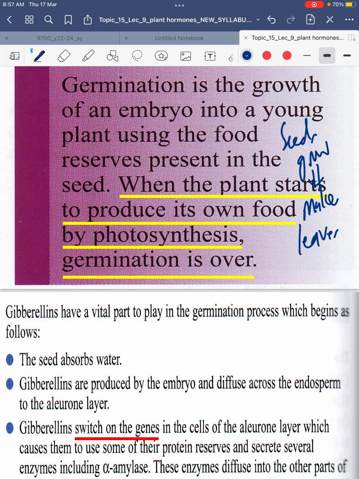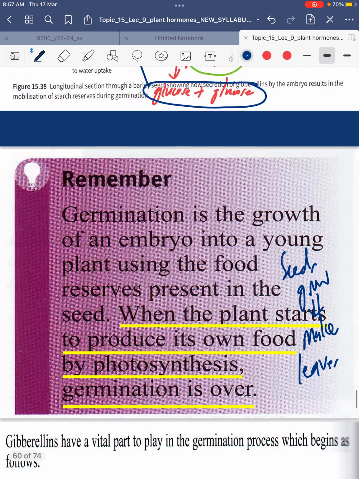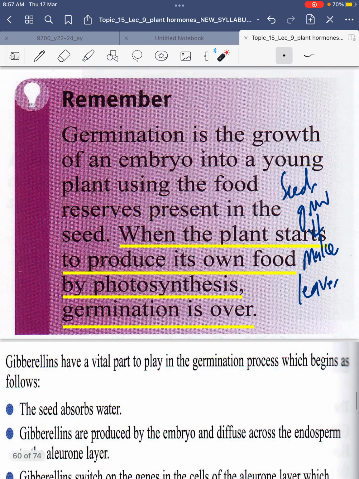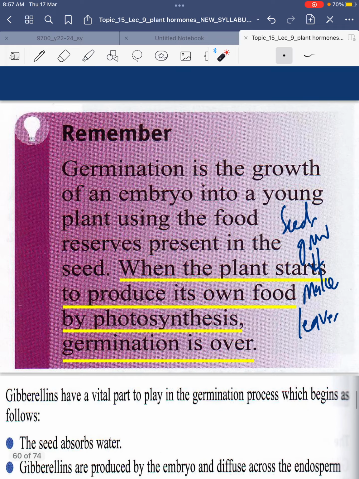Then it will not rely on the endosperm anymore. When it has a shoot, then stem, and leaves, it will not get food from the endosperm anymore, because it can now make its own food by photosynthesis. So germination will be over.